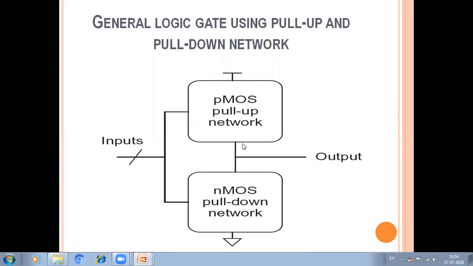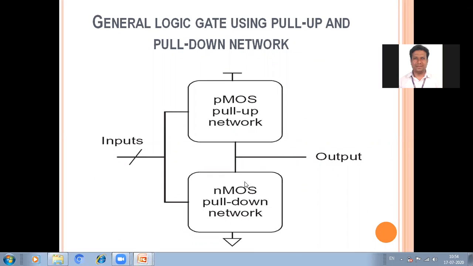By connecting the two drain terminals, we can take the output of this CMOS inverter. That's why it's called CMOS, because it is a combination of PMOS and NMOS. And by connecting the gate terminals, we can apply the input signal. So this is the pull-up and pull-down.